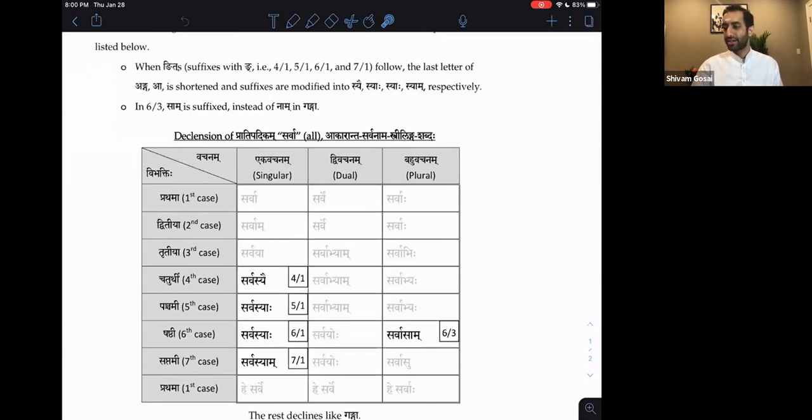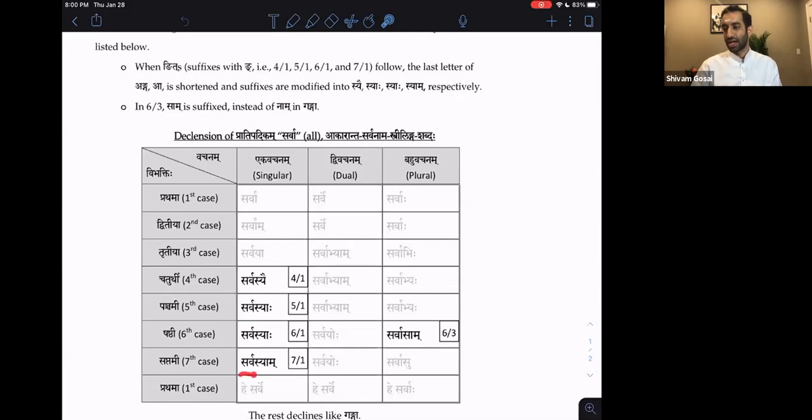So instead of Gangayai, we get Sarvasyai. Instead of Gangayaha, we get Sarvasyaha.